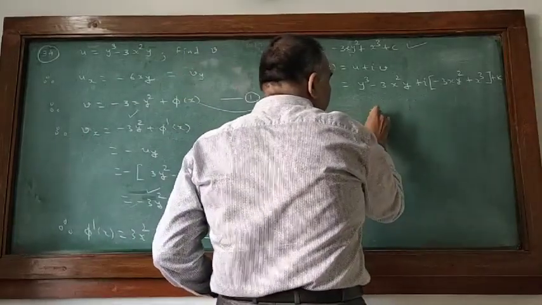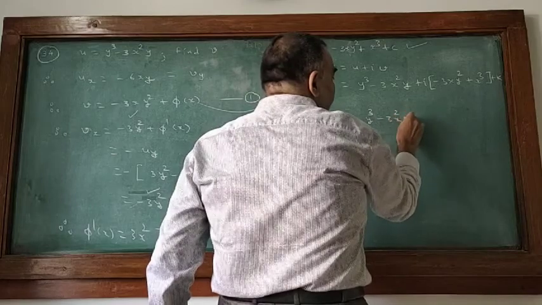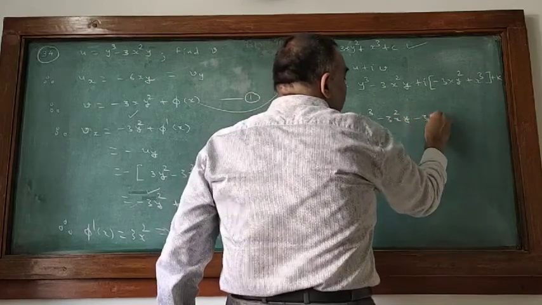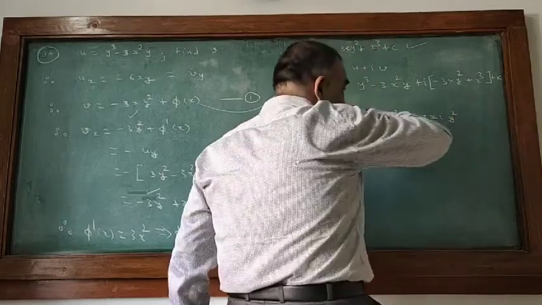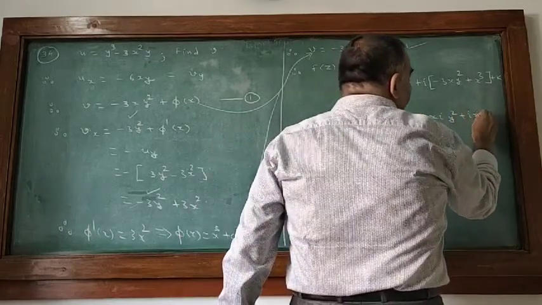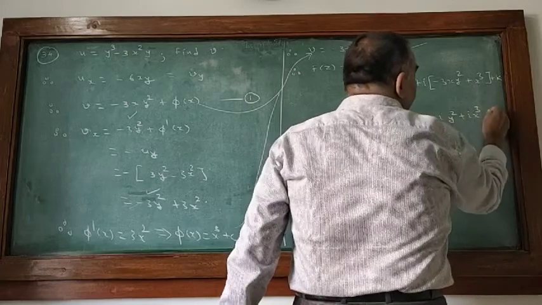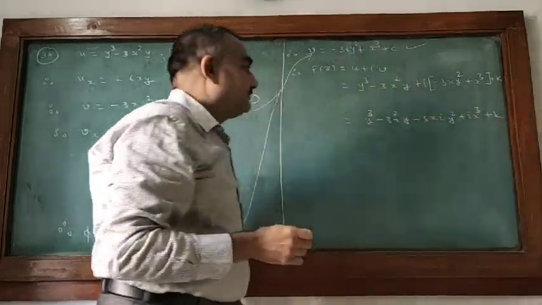So this is equal to y cube minus 3x square y minus 3xi y square plus i x cube plus k.